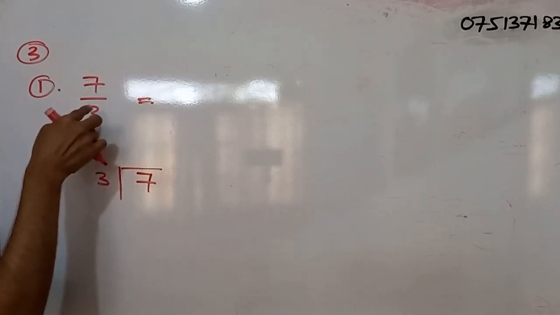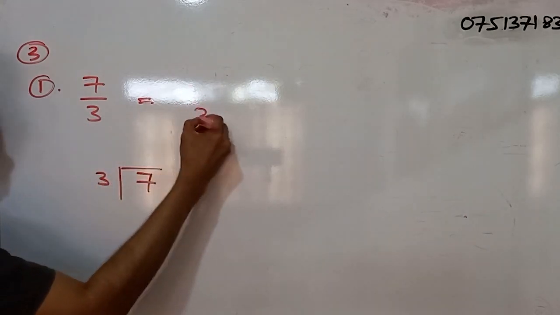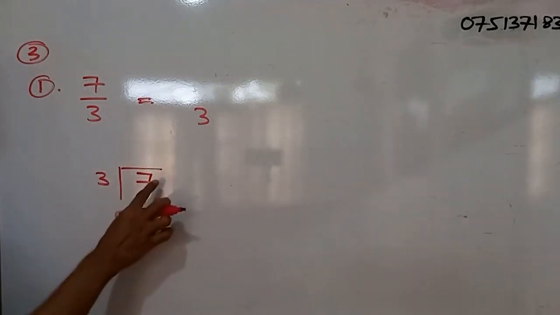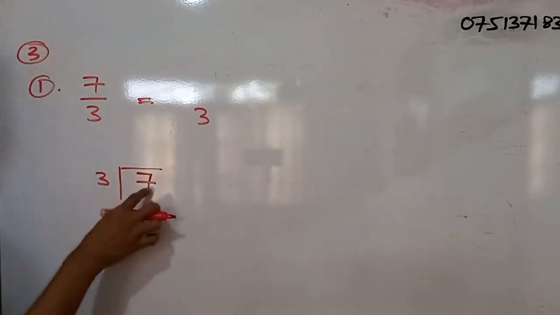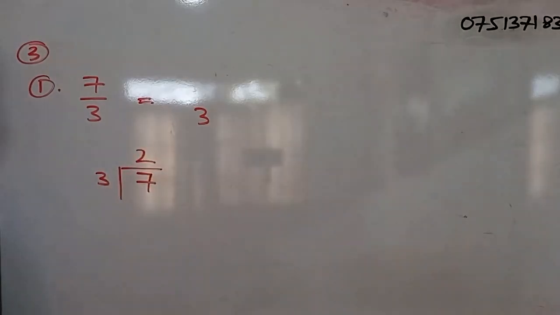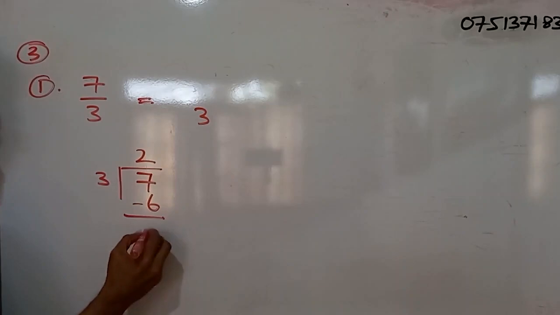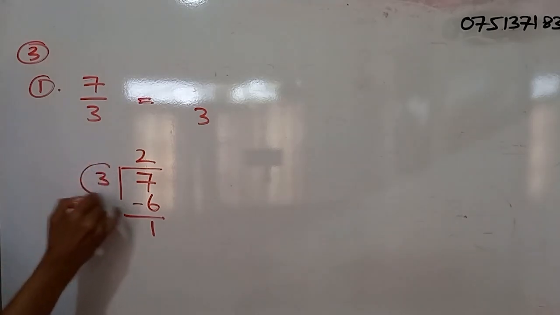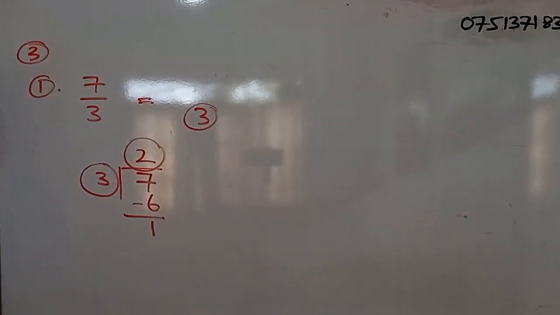So when that happens, the denominator will be the same. So how do we do this division? How many 3's are there in 7? We can go up to 2. 3 times 2, we know that is 6. 7 minus 6, we get a 1. So this is the denominator and this will be the whole number part.